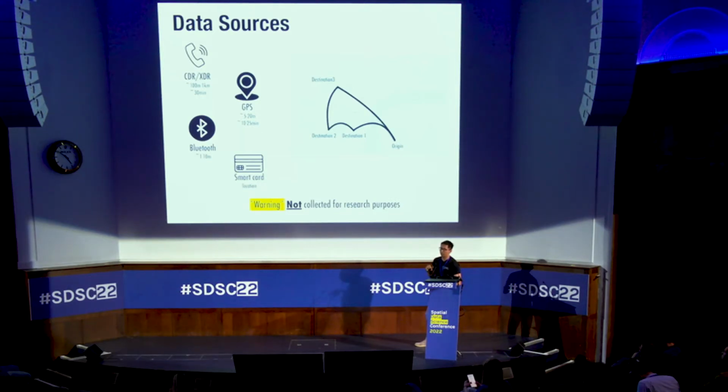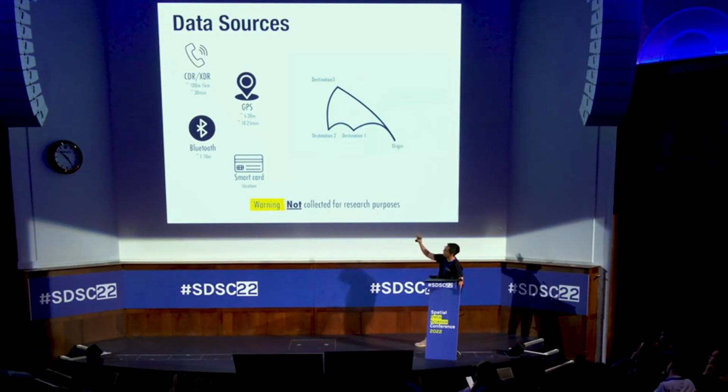Depending on the kind of technology that you use to capture mobility data, you end up with different levels of spatial and temporal resolution. You go from a relatively coarse level of aggregation with CDRs and XDRs down to Bluetooth, which captures much more detailed data. The kind of mobility data you can generate is also quite different depending on the source.